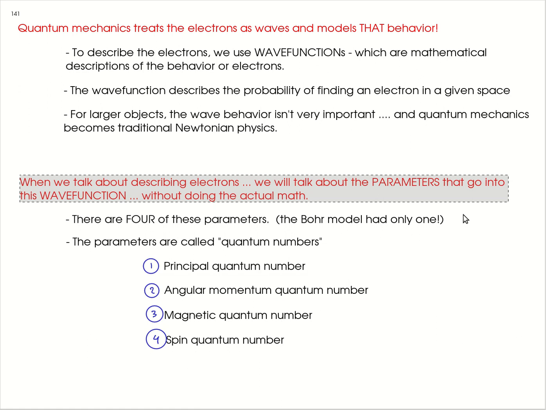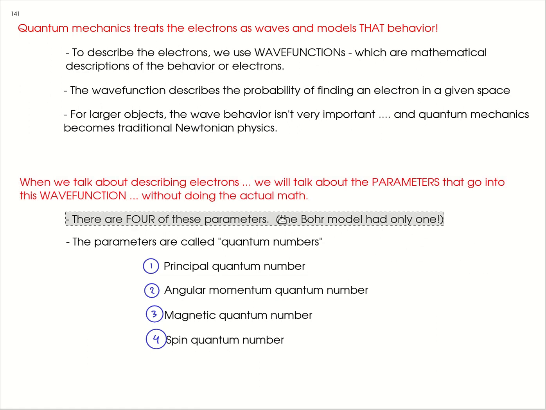You know, from math class, you probably learned about higher order equations. Linear equations have one solution. Quadratic equations have two solutions, second order. The higher the order of the equation, the more possible solutions it has. Well, quantum mechanics is kind of the same thing. We can think of these parameters or solutions that describe the behavior of the electrons.